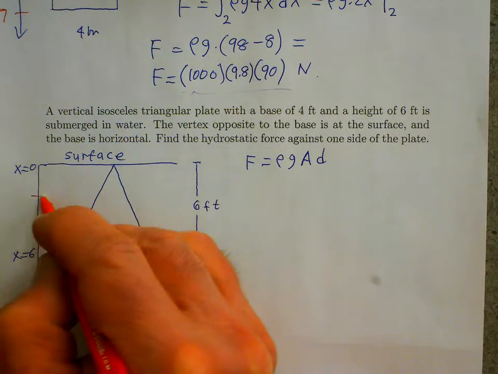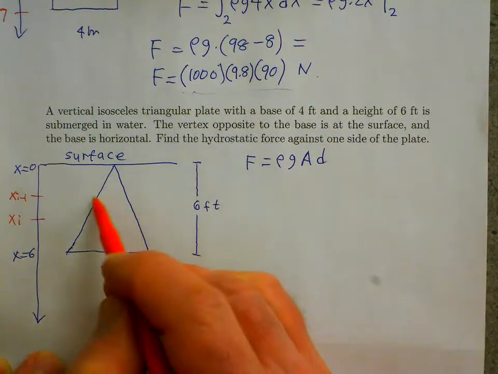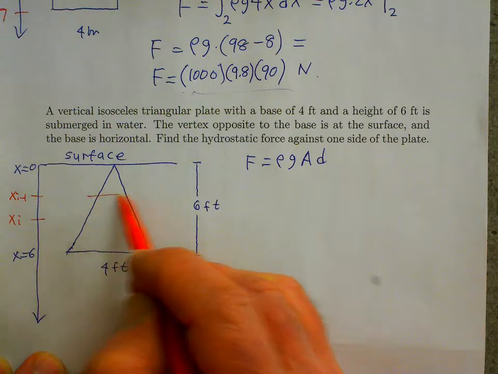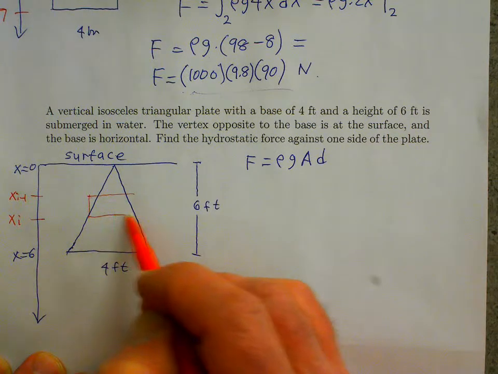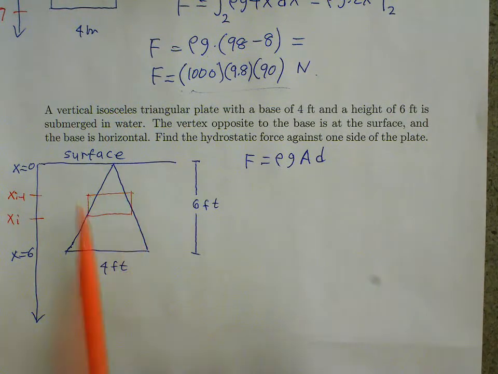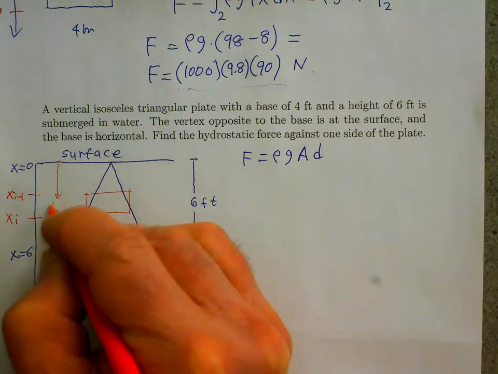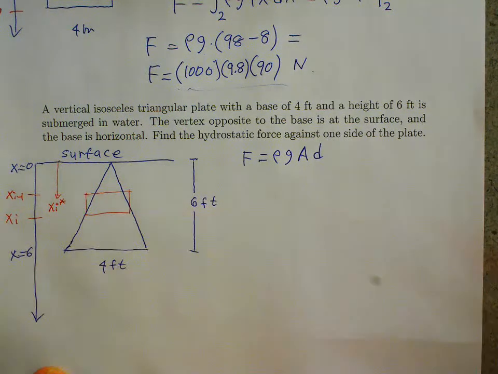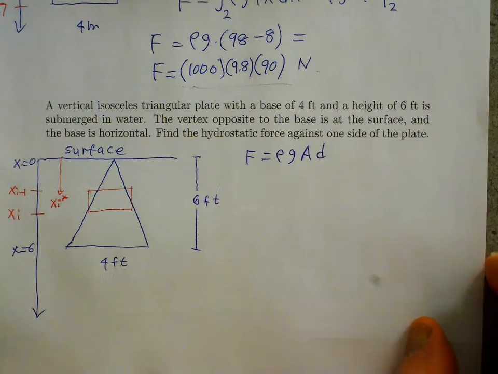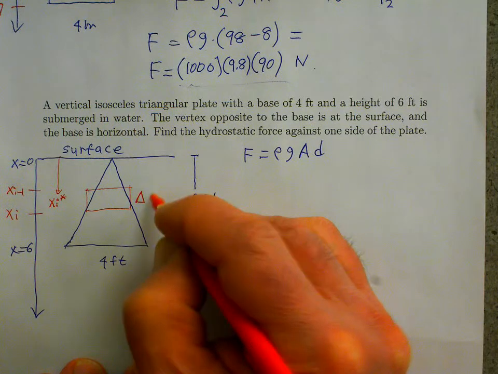So for our subinterval, x sub i minus 1 to x sub i, we're just going to find a rectangle that approximates the area of that subinterval on the triangle. Okay, so the depth will be at x sub i star. The width of that rectangle is delta x.